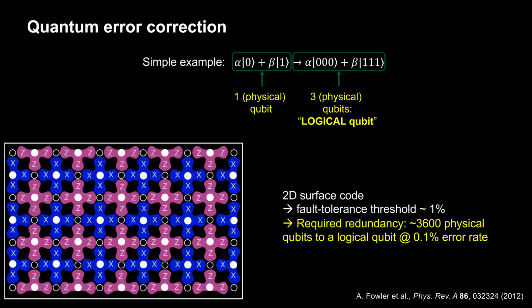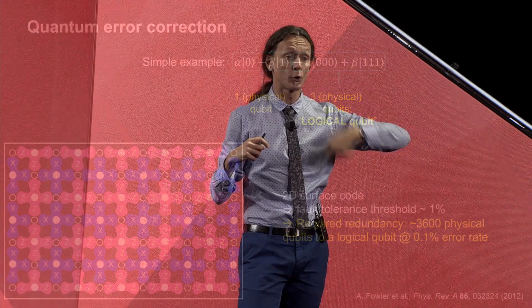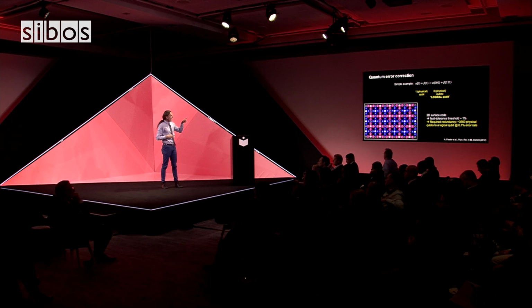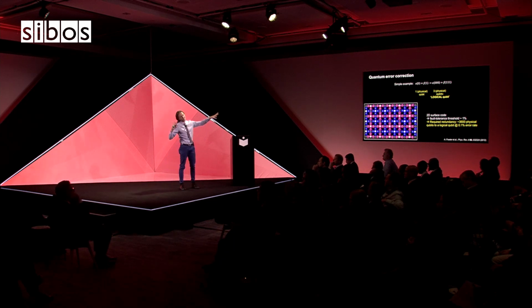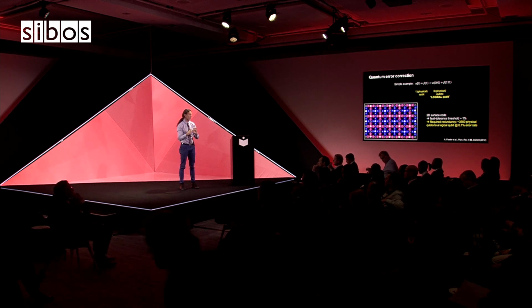This kind of error-correcting code has a tolerance of about 1%. So it can correct errors as long as they occur less than 1% of the time, which is very good. If you go below the threshold, you need less redundancy. So people normally look at, let's say, 0.1% error. You need 3,600 physical qubits per logical qubit.